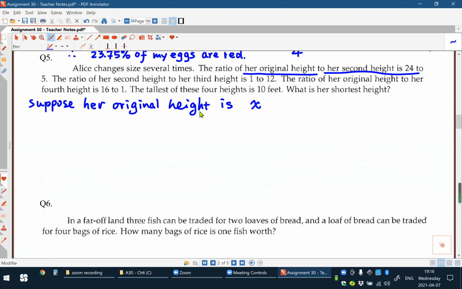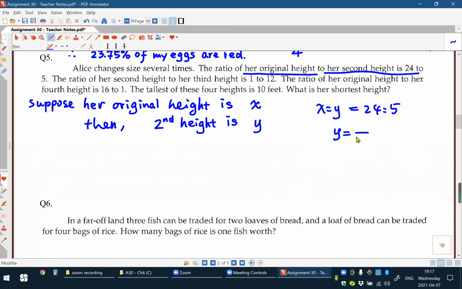And according to the first piece of information, her original height to her second height is 24:5. So if her original height is x, what is her second height? Suppose this amount is y. So x to y is 24 to 5, right? So what is y here? y is 5 over 24 of x, right?